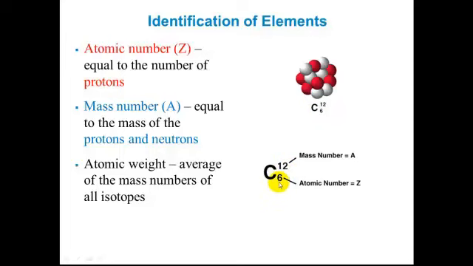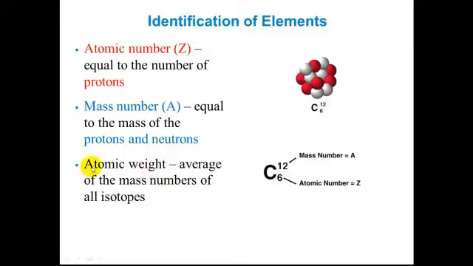That means carbon has 6 protons. Carbon then also has 6 neutrons. Okay? The mass number of 12 minus the number of protons gives us 6 neutrons. And we can see that represented here, where we have 1, 2, 3, 4, 5, 6 protons and 1, 2, 3, 4, 5, 6 neutrons.